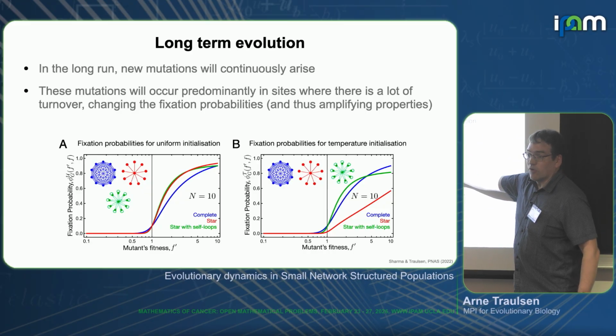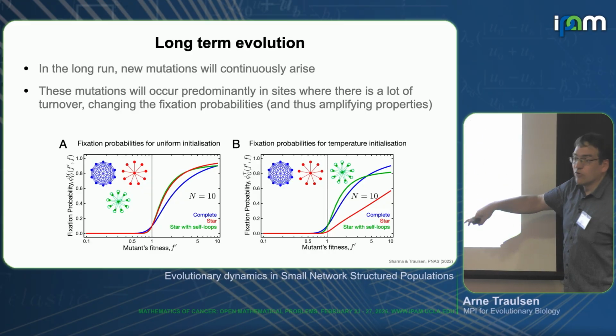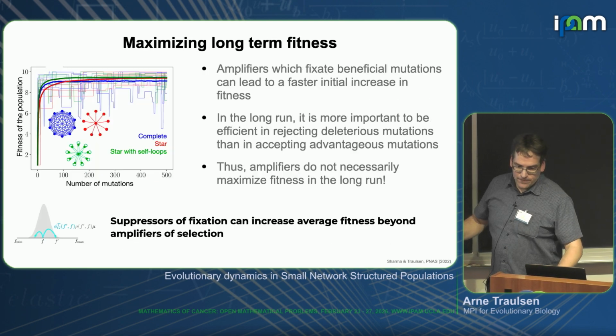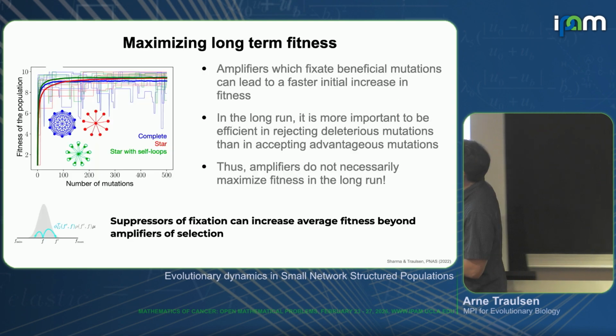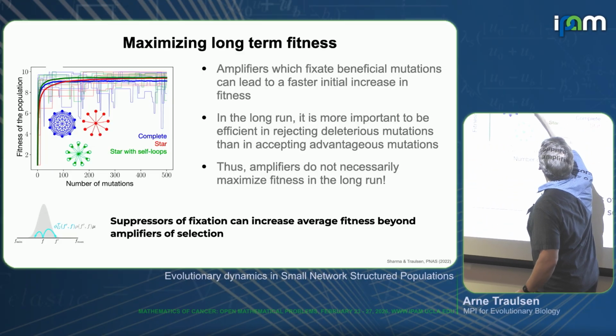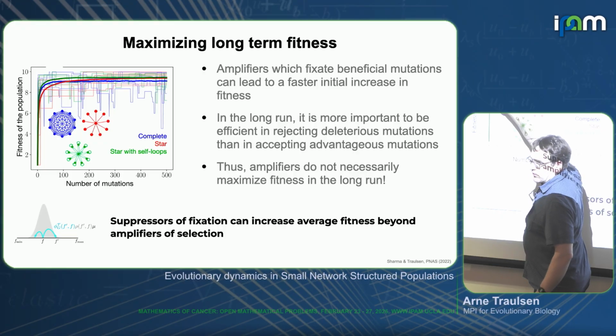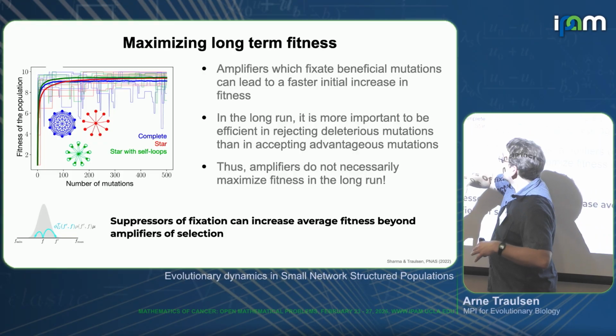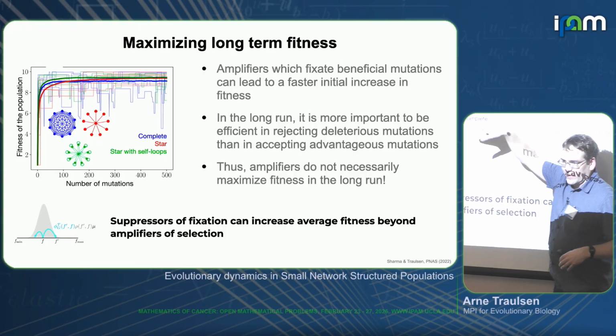This is now the green structure, no longer the red structure. The red structure reduces fixation probabilities everywhere. So if you go here, the amplifier initially is very good. Fitness increases fast and stays high, but at some point, the red structure, which is actually reducing fixation probabilities, is taking over, at least reaching this point.